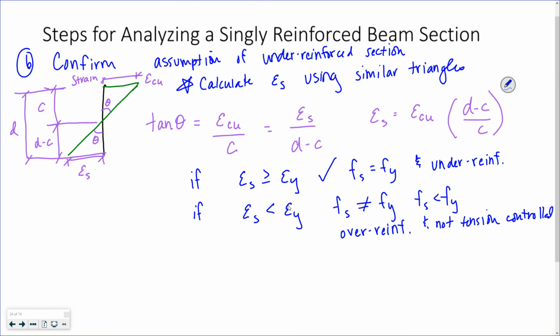So we'll do some examples like that. If you're over reinforced but you already assumed that it was under reinforced, you're going to have to go back and calculate from the beginning and do some iterations. If you were designing it, you might say, maybe I should take some steel out because I want it to be tension controlled, or reduce the amount of steel, either changing bar sizes or removing bars.